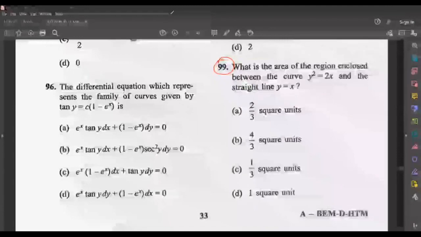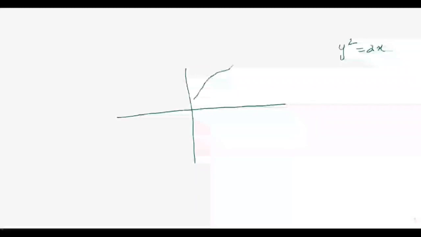Okay, so I'll draw the figure. So this is a parabola, y square is equal to 2x. What kind of parabola? It comes on the positive side of the x-axis, isn't it? So this is a parabola of this kind.